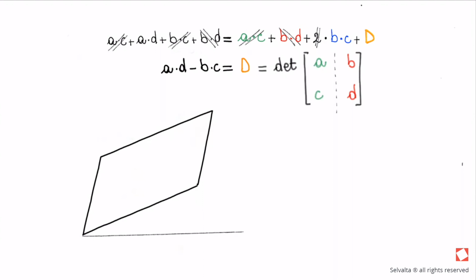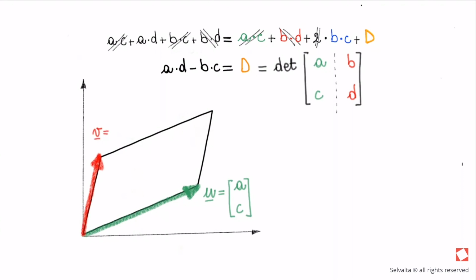Imagine our parallelogram represented inside a Cartesian plane. I will call U and V the two vectors coinciding with the sides of the parallelogram. Respectively, the vector U has component A and C, and the vector V has component B and D.